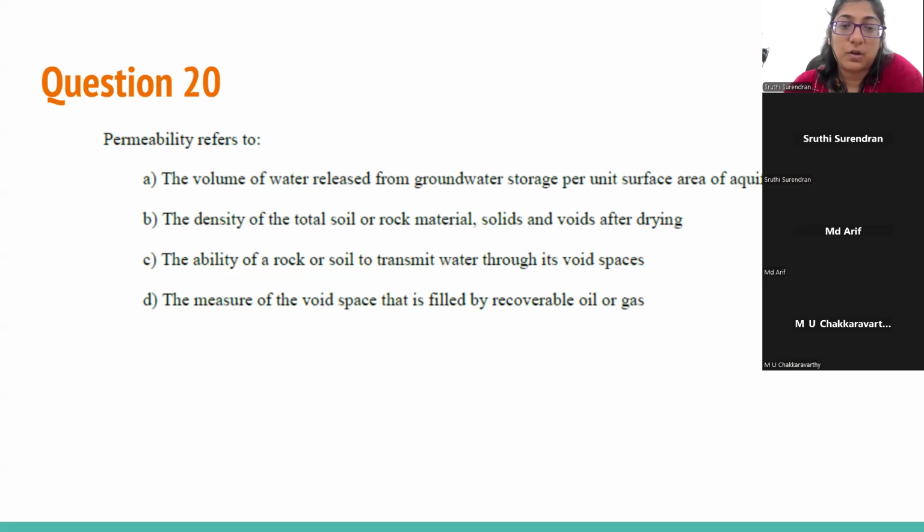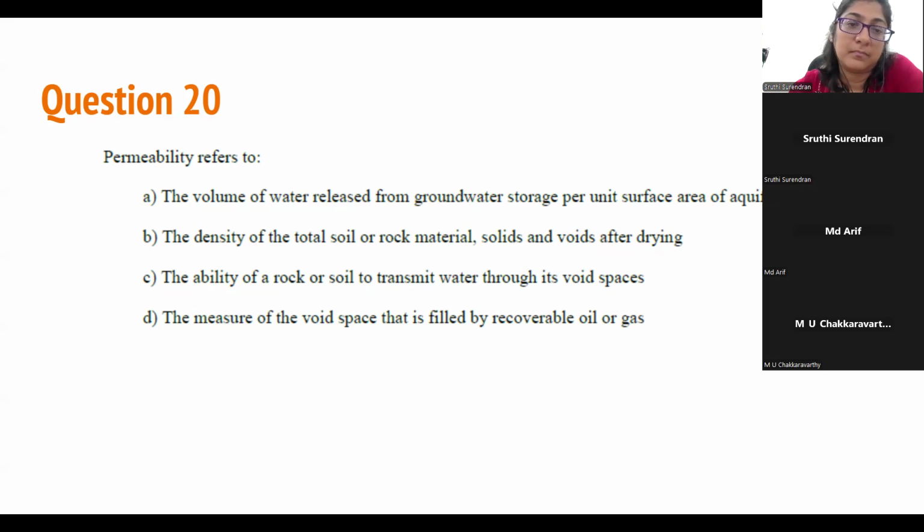Or is it the measure of the void spaces that is filled by recoverable oil or gas? So the correct answer is option C.